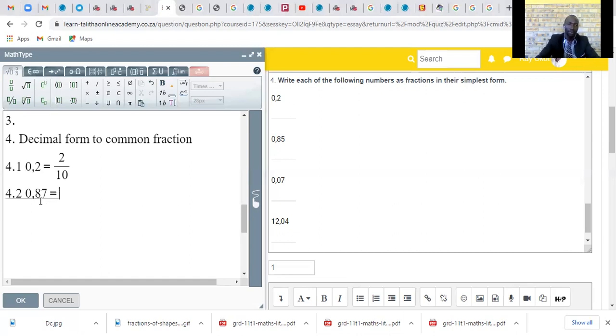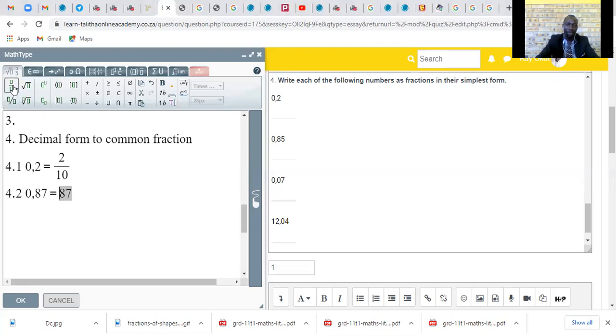Now notice that 8 is under a tenth. 7 is under 100. But because we want to write all the 2 as 87, the last number, which is 7, is going to take preference. It's going to be considered in denoting how we divide. 7 is under 100.